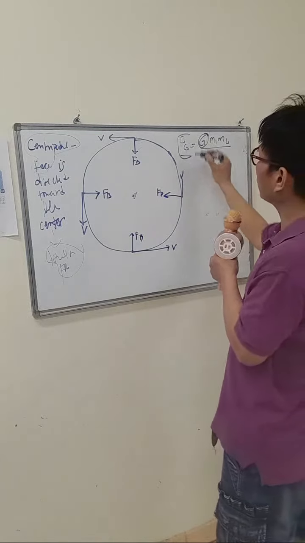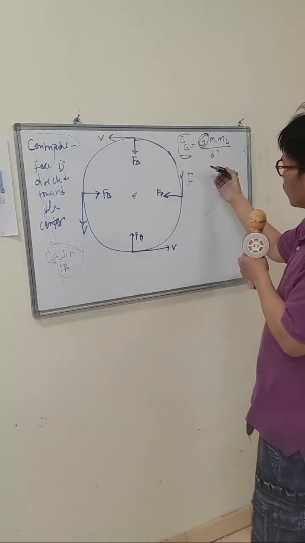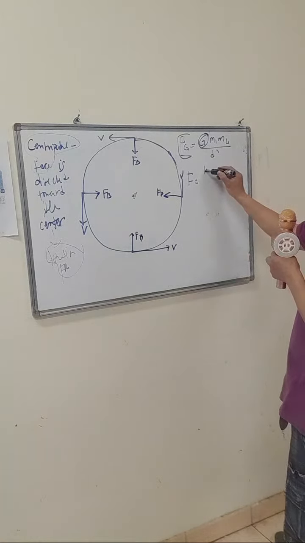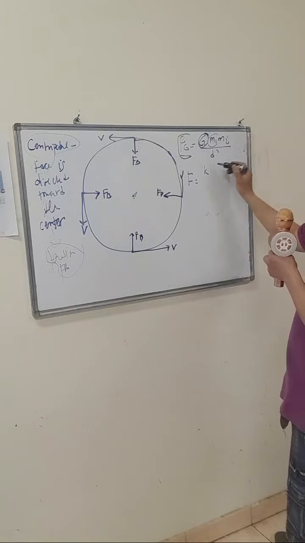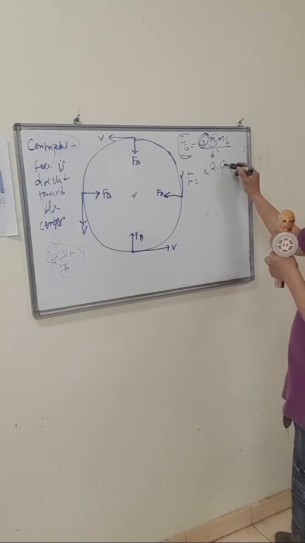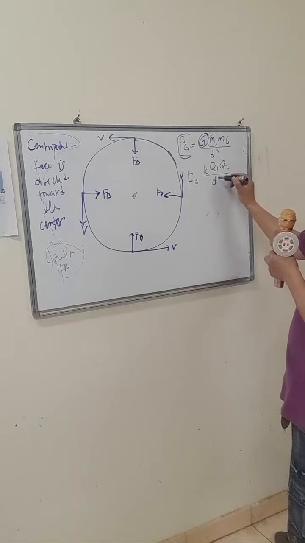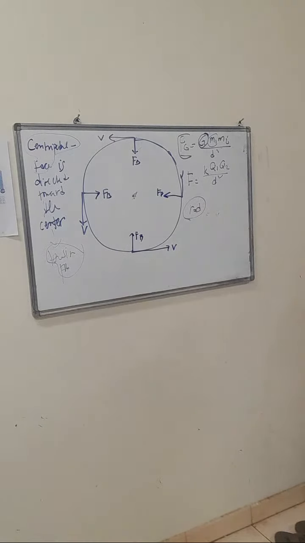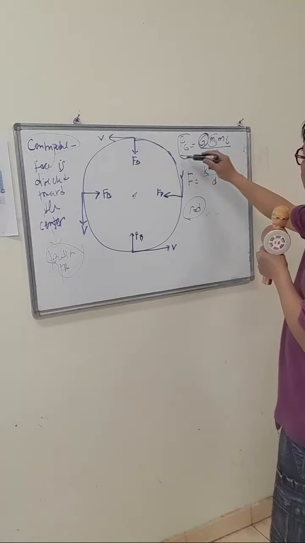But take note also that the electric charge force formula is the same. Instead of G we use K, but the masses become charges, because these are electrons, protons, like that: Q1, Q2 over D squared or R squared. R is simply the distance. Don't be confused; any letter you choose is fine, as long as it is designated as the distance towards the center.